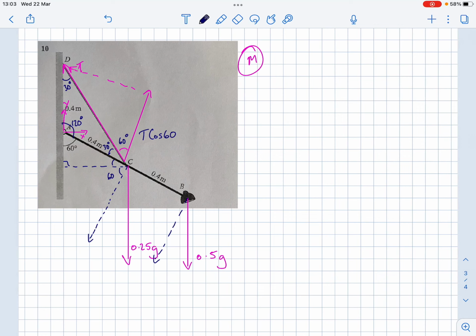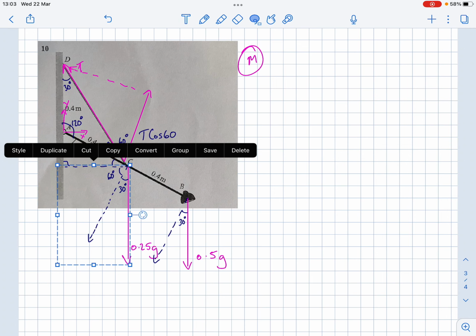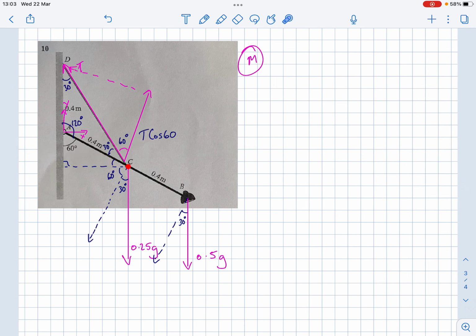This would then have to be 60, so this will be 30, and the same will be true for this one here as they're parallel. Maybe just to make it easier to see, I'm going to move the picture, but if you imagine this point just moving over slightly, we'd have these lines here being parallel together. It's maybe easier to visualise.